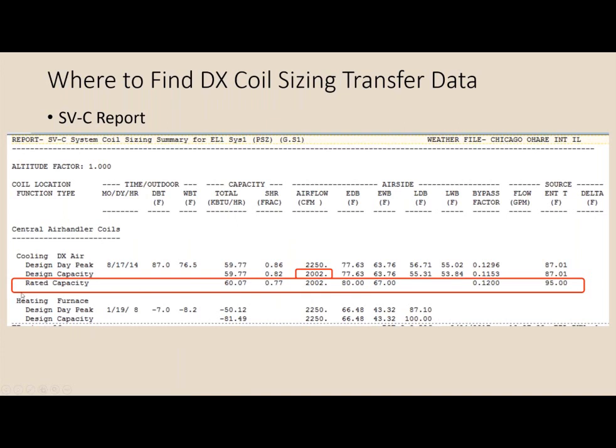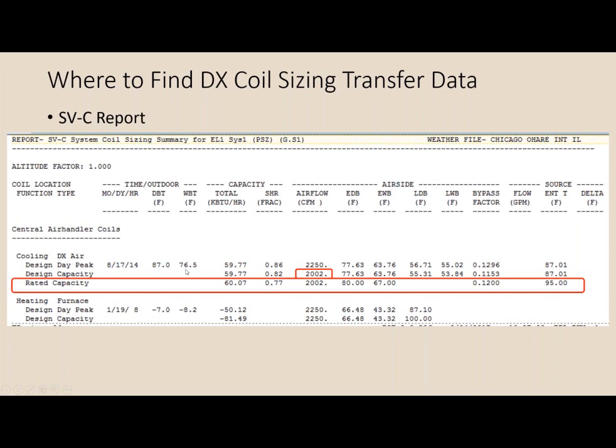Once you've done the simulation, this new SVC report that I mentioned earlier will have the sizing results in it. And this table is fairly complicated, and it's good to understand what's going on here. There are 3 sizing related rows that you'll see repeated. The first is what's called the design day peak.